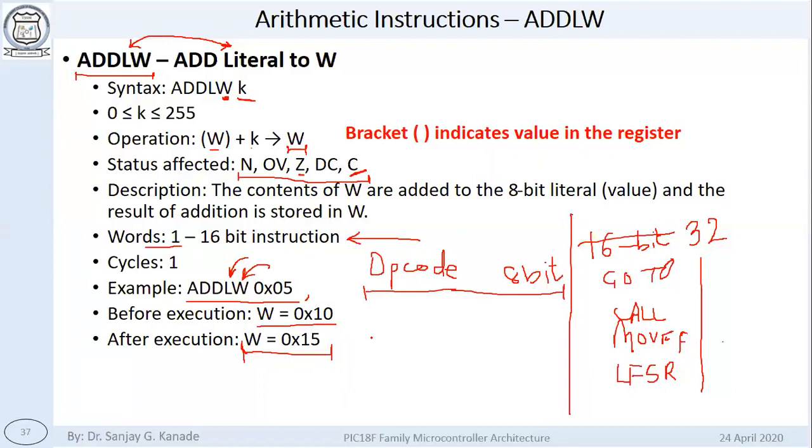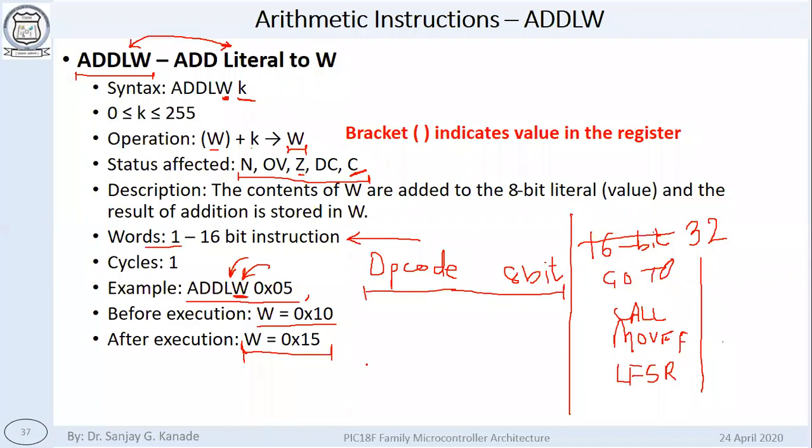Again, there is no question of destination because there is only one register involved in the instruction, W. L is not a register, L is just a value. So 5 is getting added to the value of W, and obviously the result has to be stored in a register, so the destination will automatically be W. This is how the ADDLW instruction is going to work.